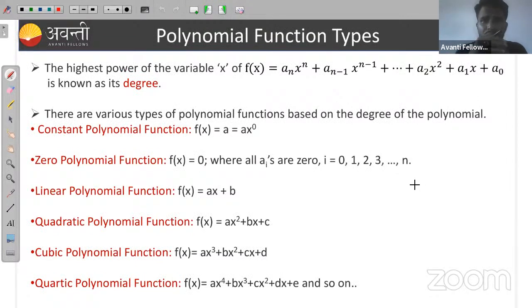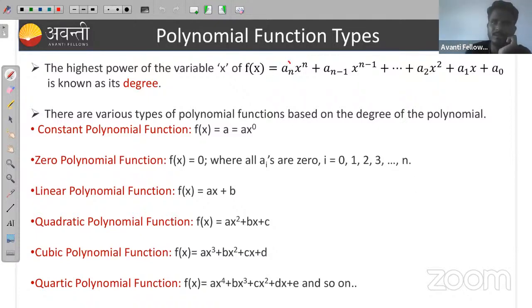The next is, what is the degree of a polynomial? According to that, the polynomial function has been named depending upon the degree. If a polynomial function f of x is a n x to the power n plus a n minus 1 x to the power n minus 1 and so on, in general it looks like this.